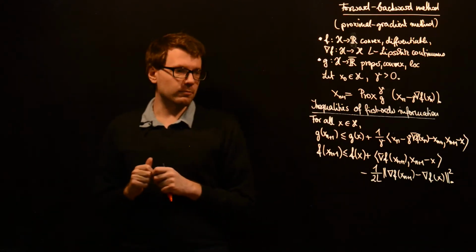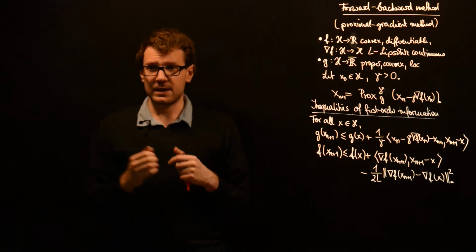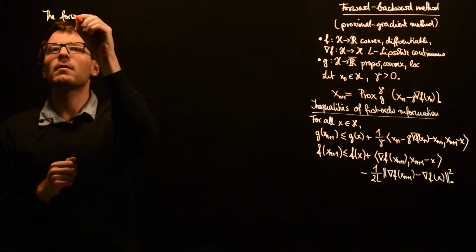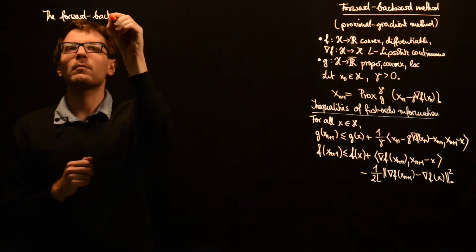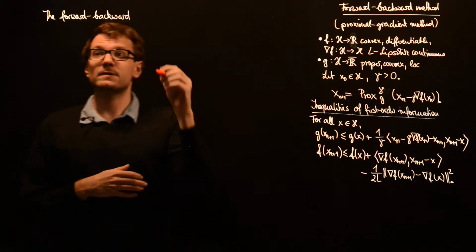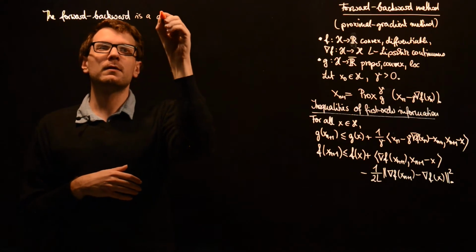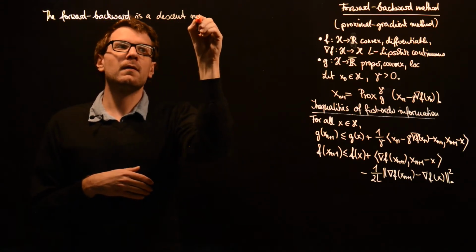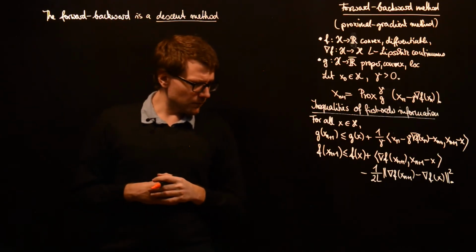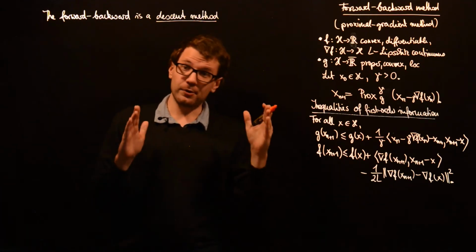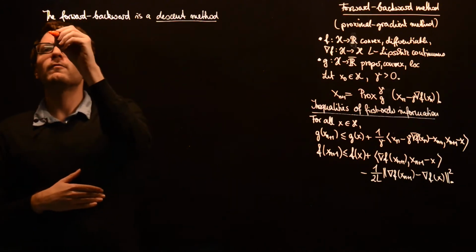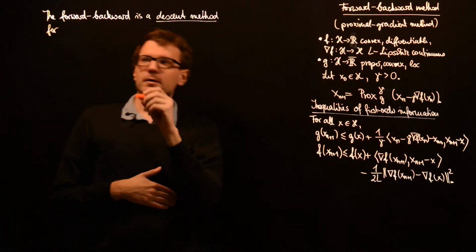First of all, we want to state the fact that the forward-backward method, in contrast to the subgradient method, as we have seen, is a descent method, as long as we appropriately limit the step size gamma.